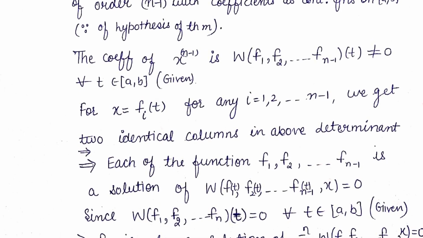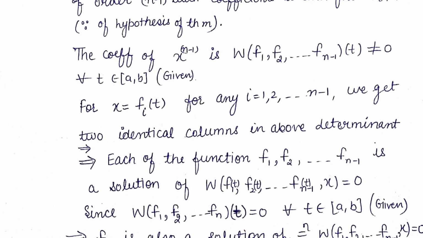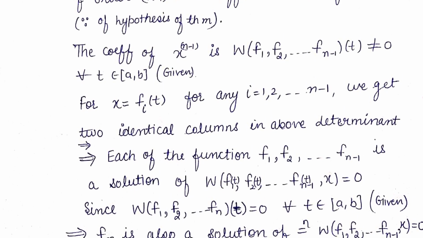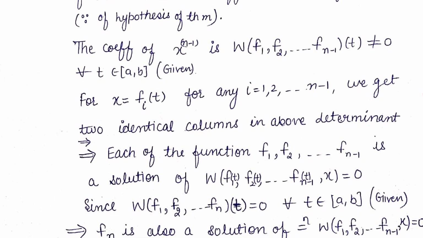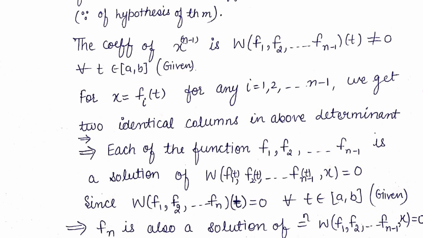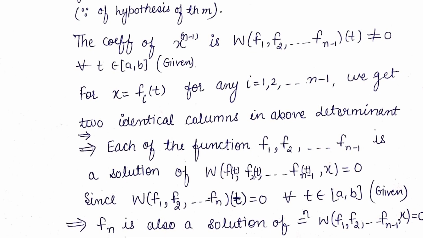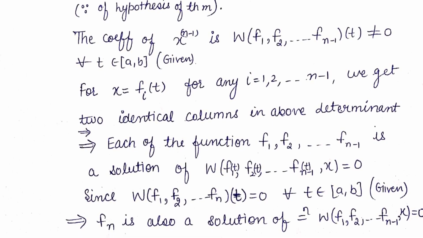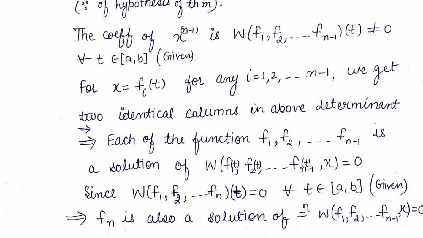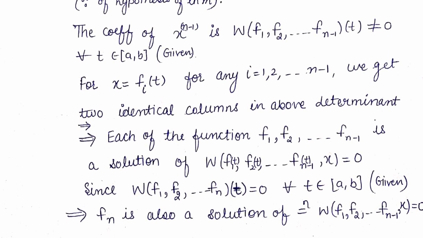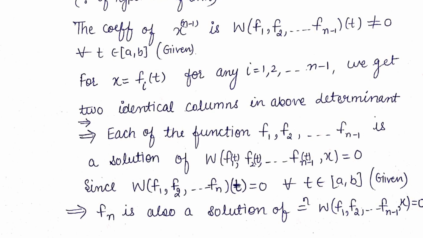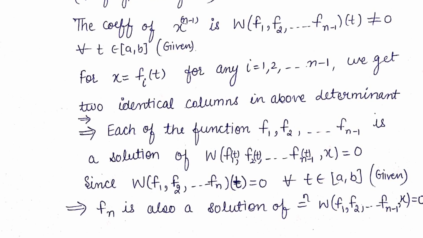But from the hypothesis, we have that the Wronskian of f1, f2, ..., fn is equal to 0 for all t in [a, b]. This implies that when you put fn in place of x, the equation is also satisfied, and hence fn is also a solution of this determinant equation.